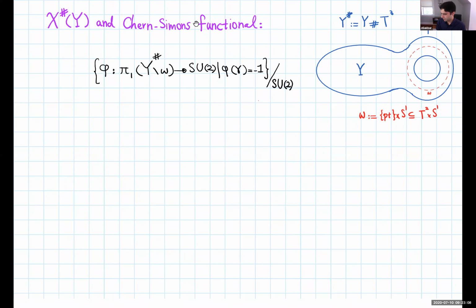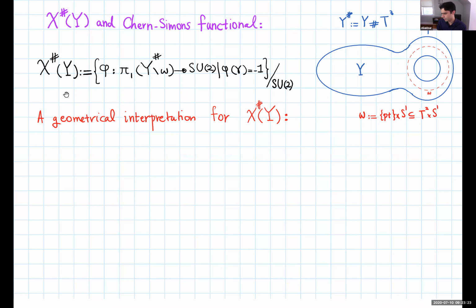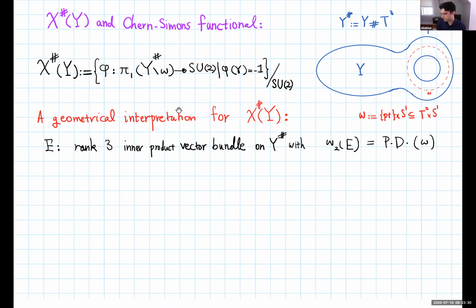I just copied what we got from the last slide, which is a characterization of the intersection points of the two Lagrangians, and I'm going to call this chi sharp of Y. It's useful to get a geometric interpretation of these in terms of connections. So we fix a three manifold and fix an SO(3) bundle, a rank 3 inner product vector bundle, over Y sharp.